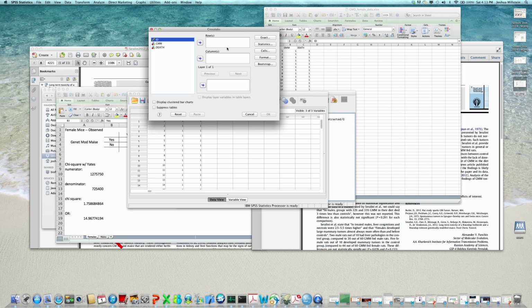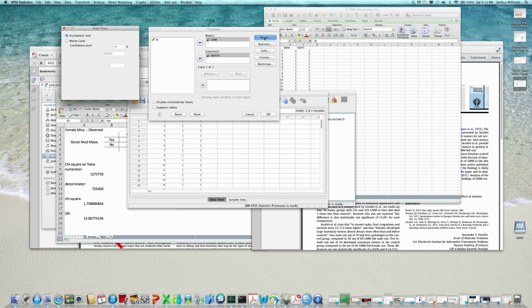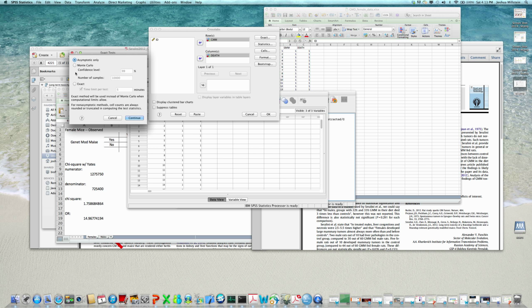So one variable will represent rows, just like we saw in the 2x2 table here. So the rows will be genetically modified maize. The columns will be the death, yes and no. And let's look at exact. Asymptotically only, we'll just put exact and limit it to 5 minutes.